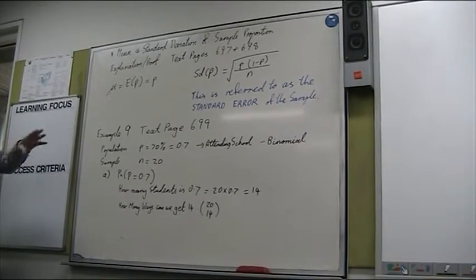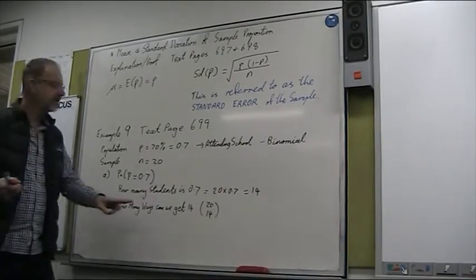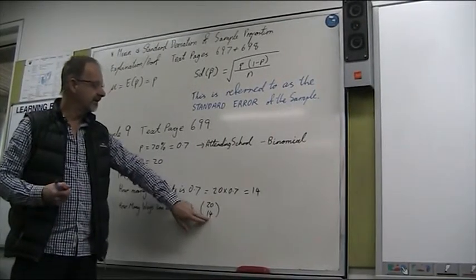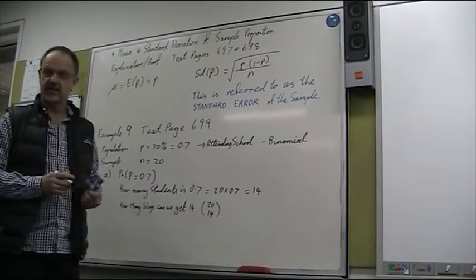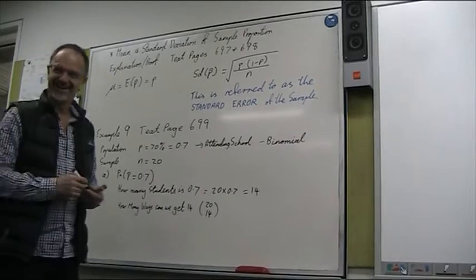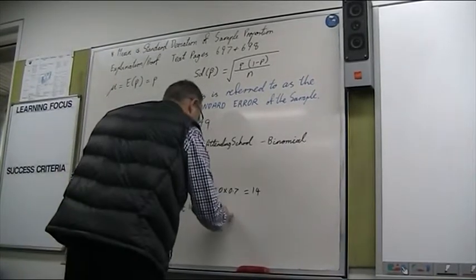Of those 20, how many different ways are there that we could have 14 attend school? The number that you prepared earlier. Prepared earlier, yep, that's right.